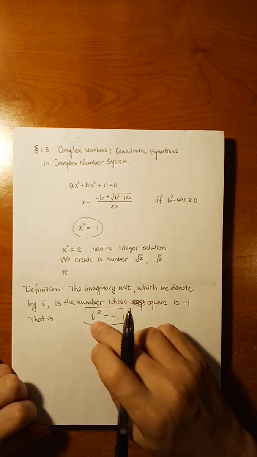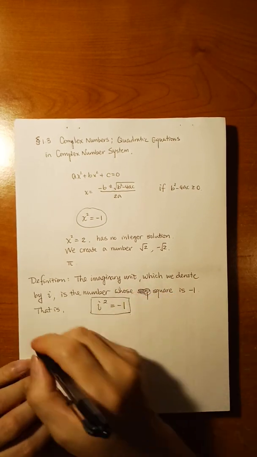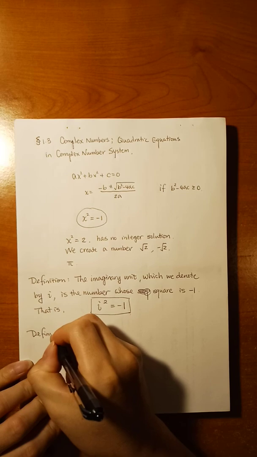Okay, so now we have i. i is called the imaginary unit. After the imaginary unit, let's see what a complex number is.